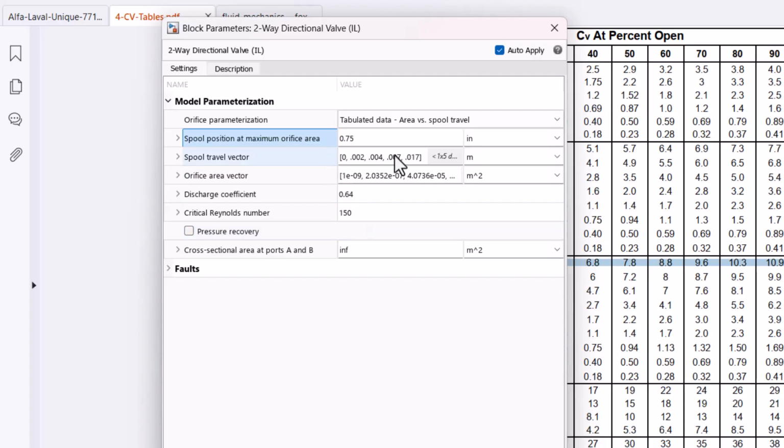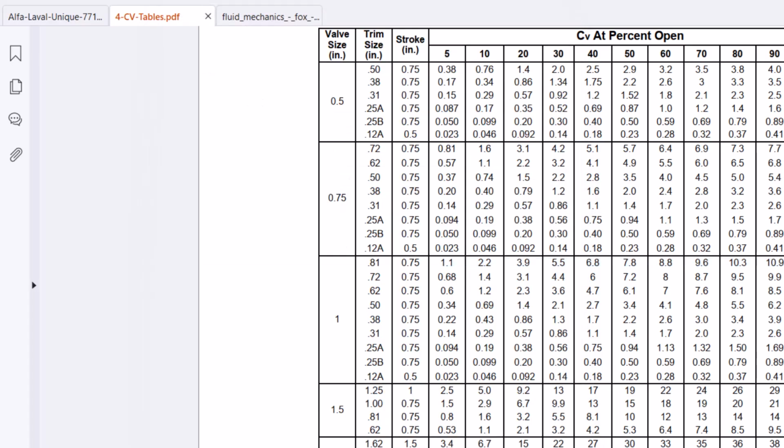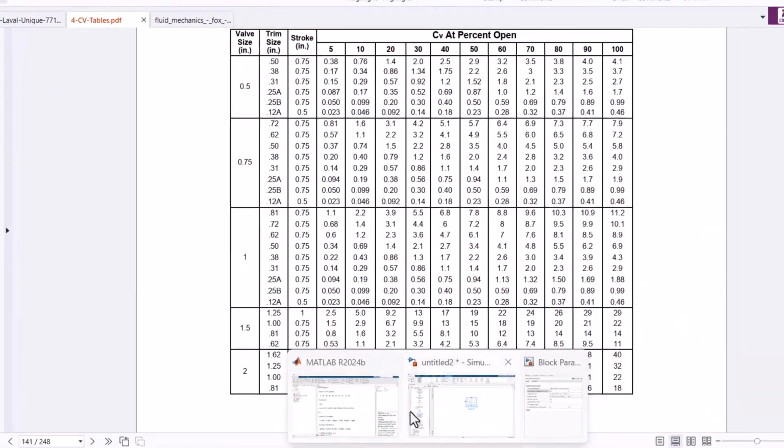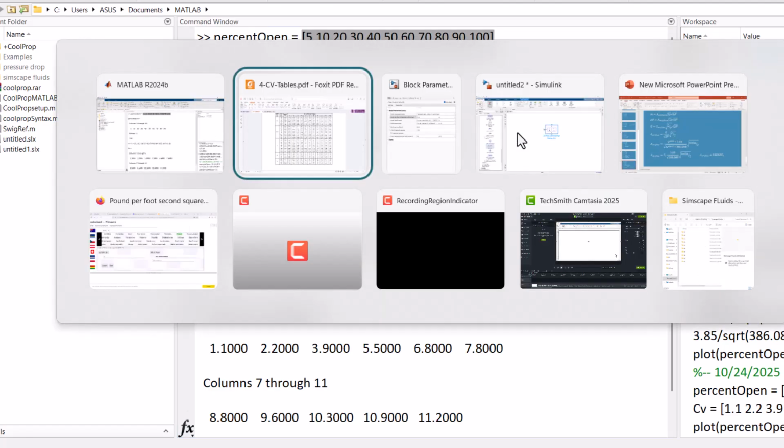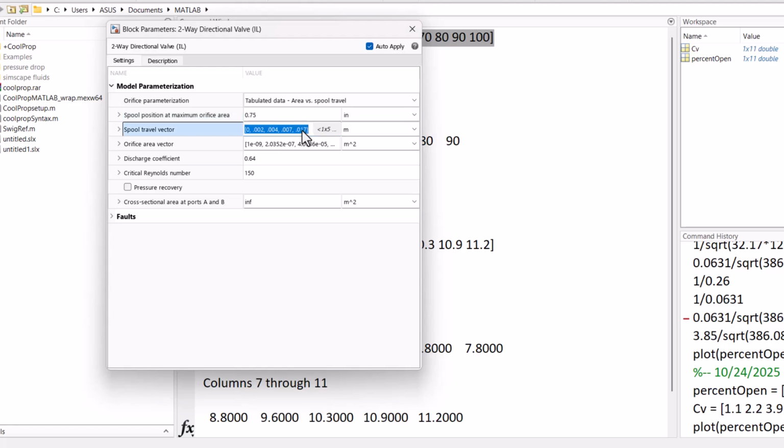Then it asks for the spool travel vector, which is exactly this percent open vector, pasted right here.